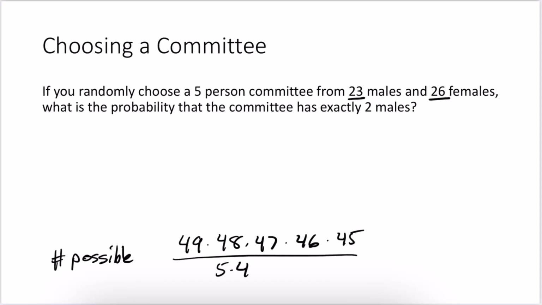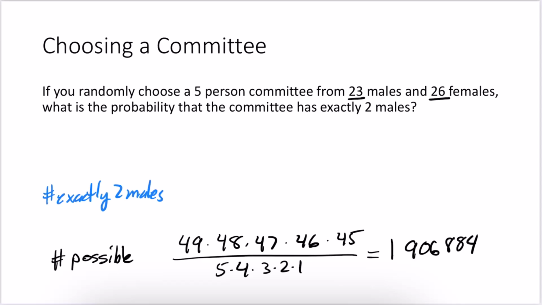And the number of duplicates will be 5 times 4 times 3 times 2 times 1. And when I calculate that out, I get 1,906,884 possible committees.